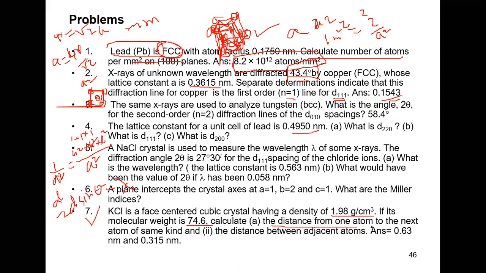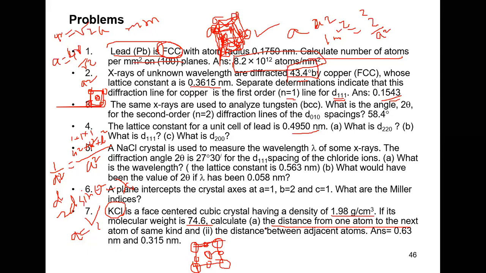Potassium chloride has a sodium chloride like structure. One atom to the next atom of the same kind means you are asked to calculate a. And the distance between adjacent atoms is half of the lattice constant.